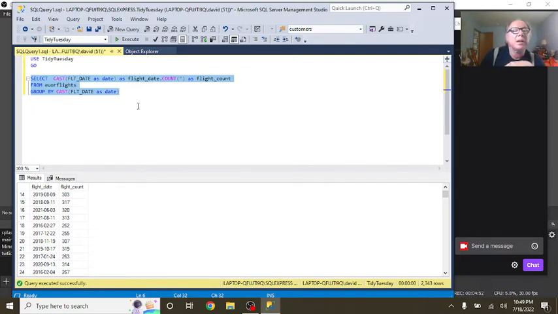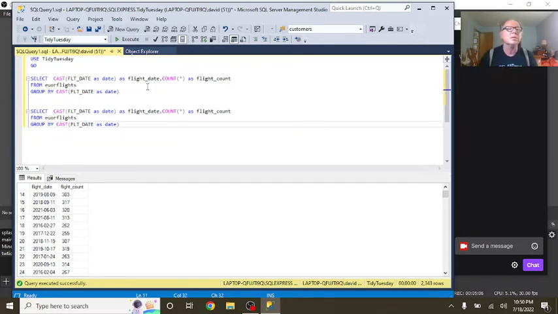So is it possible to calculate the min flight count and the max flight count? After we do this, can we amend the counts?